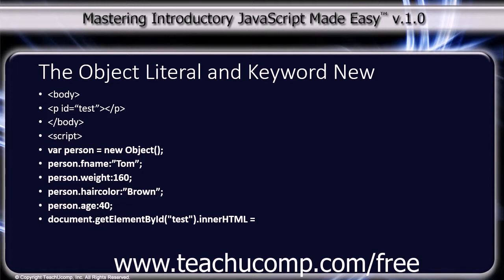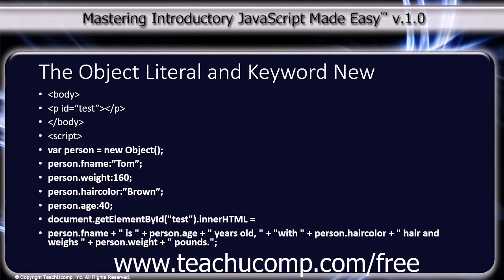document.getElementById("test").innerHTML = person.fname + " is " + person.age + " years old, " + "with " + person.haircolor + " hair and weighs " + person.weight + " pounds."; and the close script tag.